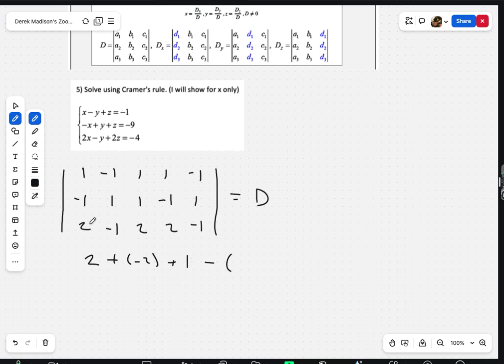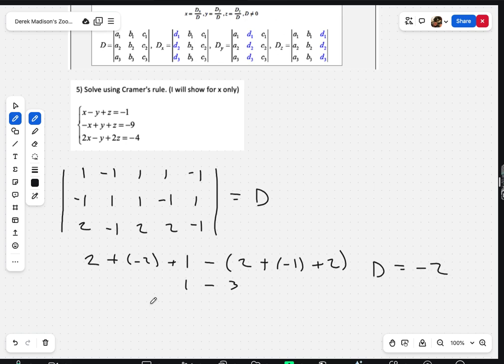And then we'll subtract 2 times 1 times 1, which would be 2. And then -1 times some more 1s would be a -1, and double negatives, that'd be positive, times 2 would be +2. So this would go 2 minus 2, so that's 1. And then 2 plus 2 would be 4 minus 1 would be 3. And so it looks like D equals 1 minus 3, so -2.